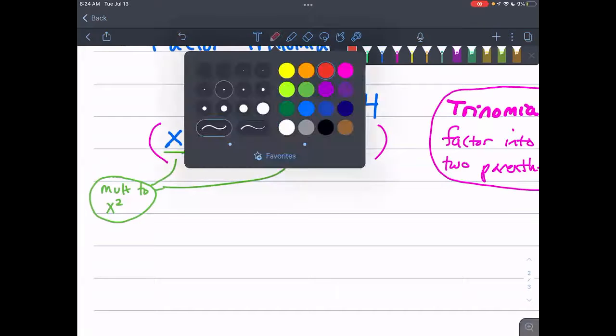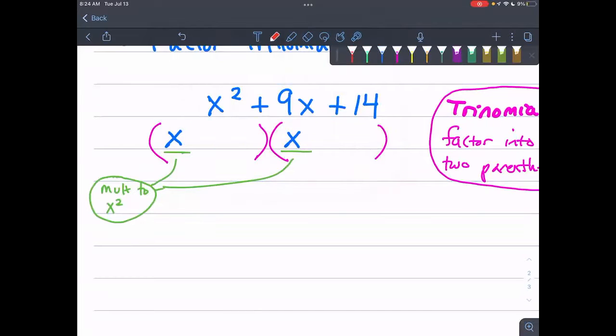Another thing that can be helpful, if it's plus and plus, then you can just go ahead and put plus and plus in the middle of those. A lot of them you won't have plus and plus, but a few of them you will, and you won't have to think about that part of it, hopefully. The last 2 things have to multiply to be 14.